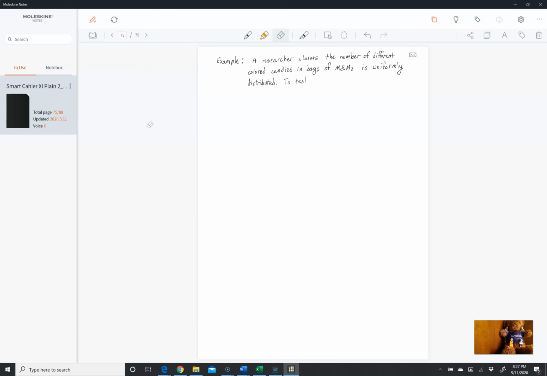So to test this claim, you randomly select a bag that contains 500 M&Ms.